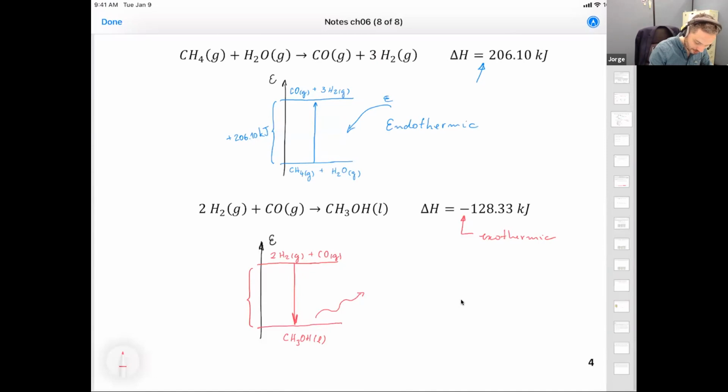For this specific reaction, the delta H is minus 128.33 kilojoules. So that's how you draw simplified energy diagrams for endothermic and exothermic reactions.